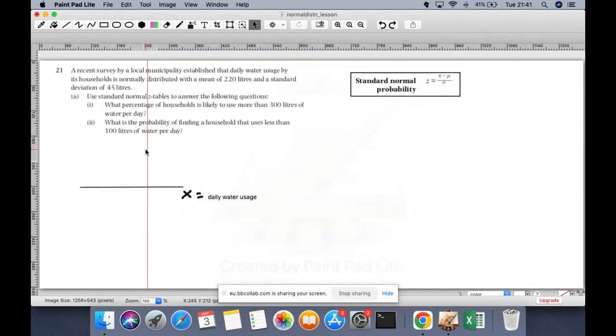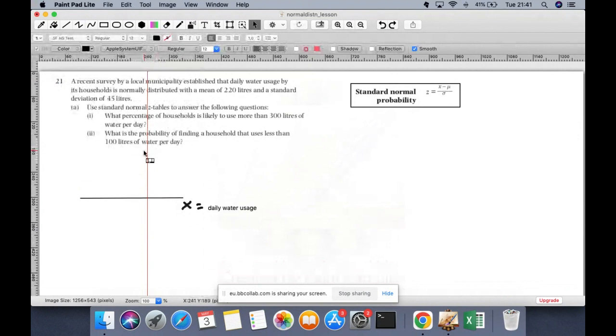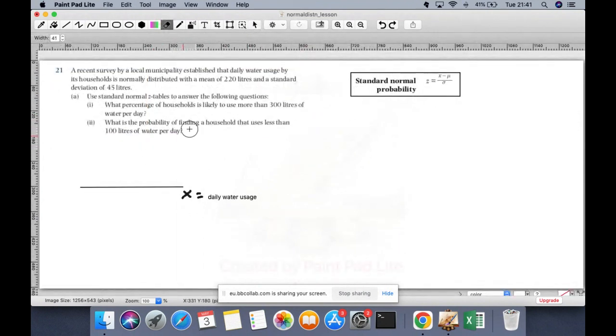Now, I don't know why this line disappeared. Fantastic. Right. So the question says that x is normally distributed with a mean of 220. So let's say our 220 is here. That means this follows a bell-shaped curve.